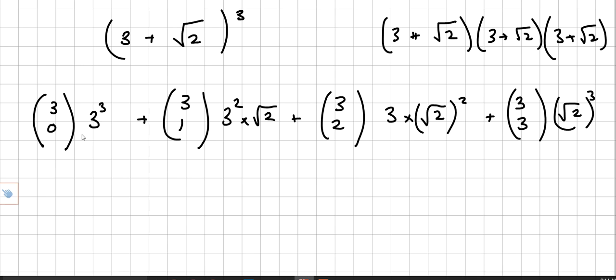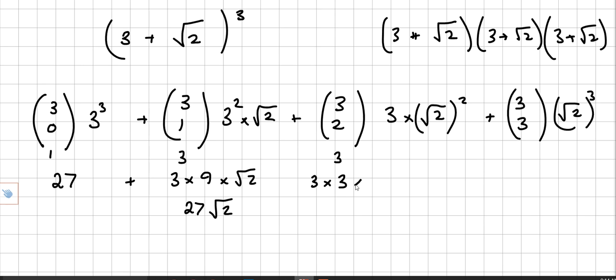So that is 1 times 3 cubed, so that's 27, plus 3 times 9 times root 2, so that's 27 root 2. Then I've got 3 times 3 times what's root 2 squared? 2.